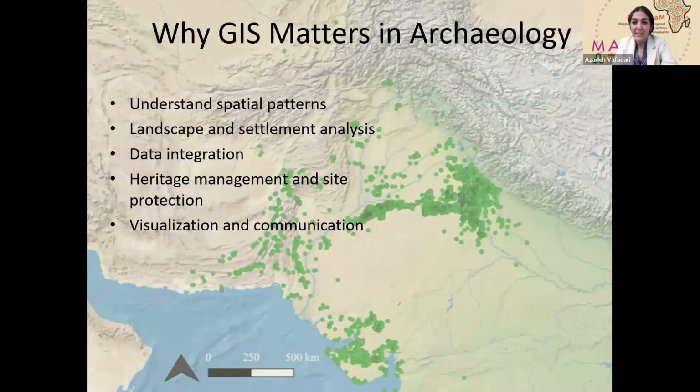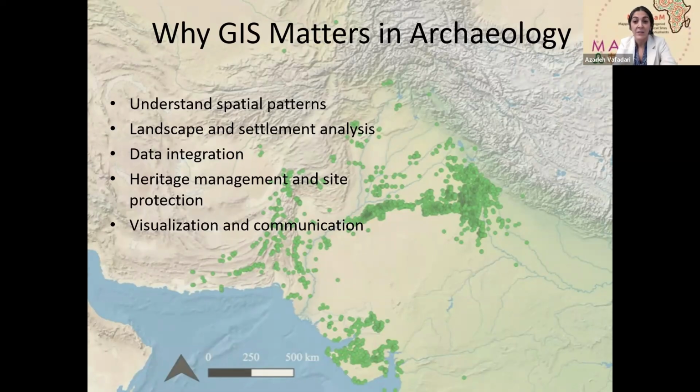Archaeological data are inherently spatial, and GIS allows archaeologists to ask large-scale questions, such as sites' relationships to each other and with their landscape and environmental factors. It allows us to plot sites, data, and maps and understand spatial patterns in the past, to work across large landscapes and carry out settlement analysis.